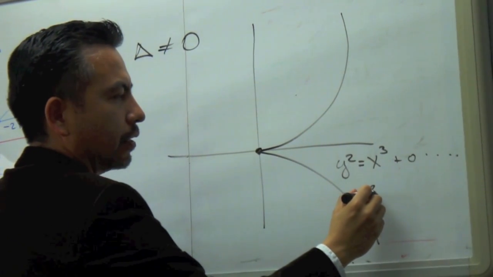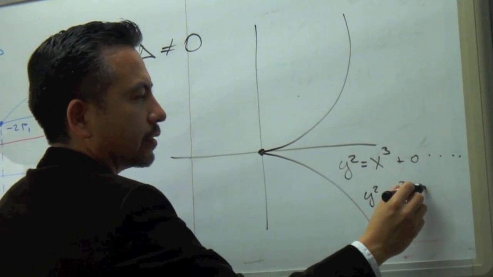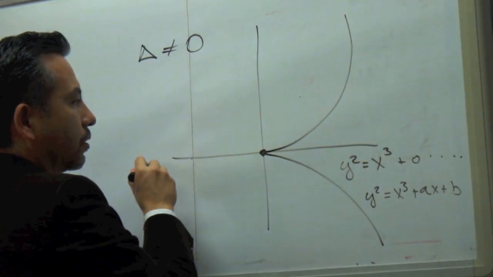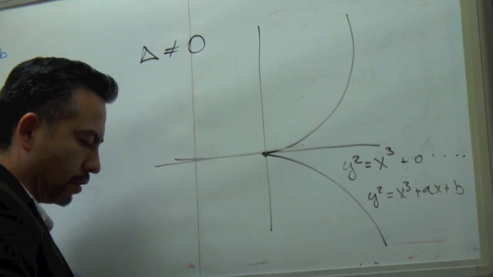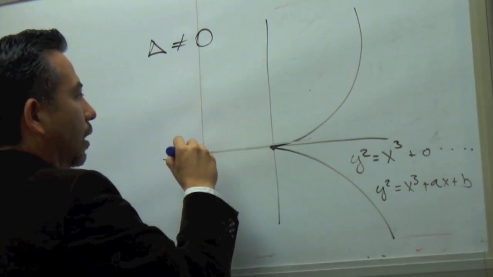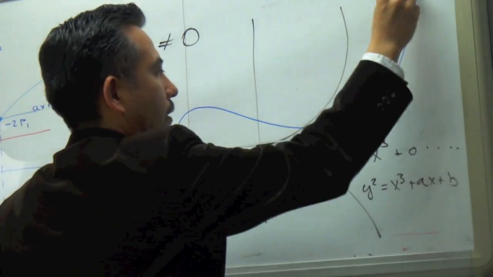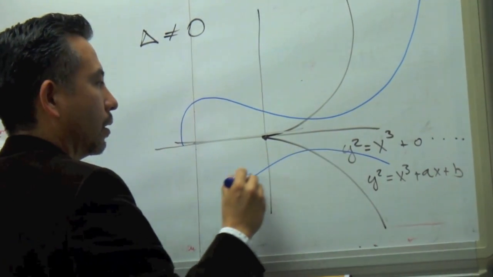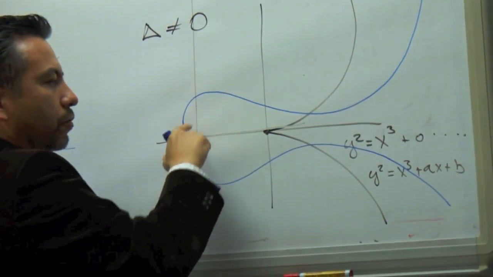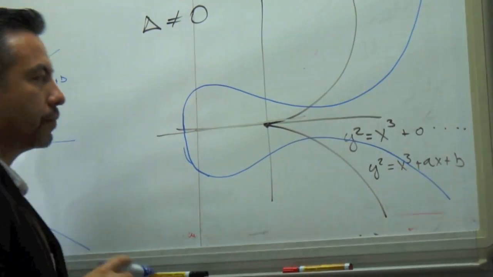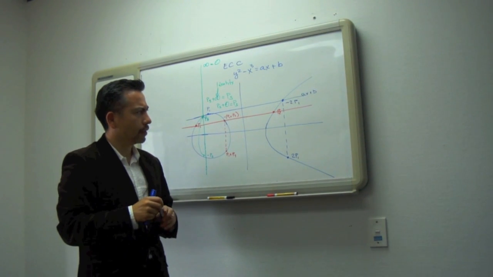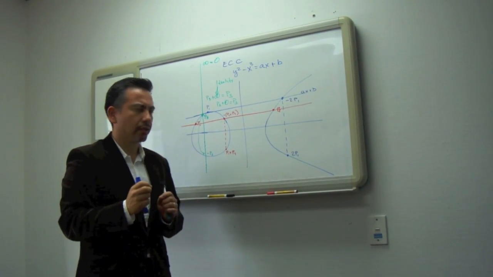However, y squared equal to x cubed plus ax plus b, yes, this is an elliptic curve, and it looks something like that. We can work with this one, but we cannot work with that one. So that's the conclusion, but we will revisit the discriminant and singularity of the elliptic curve.